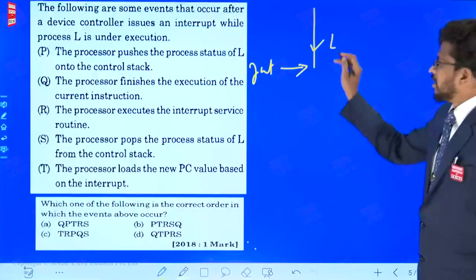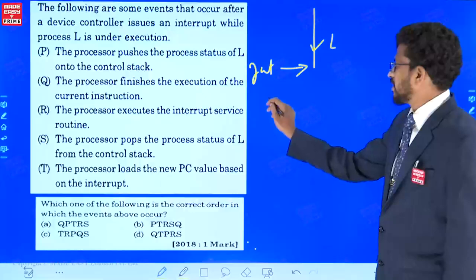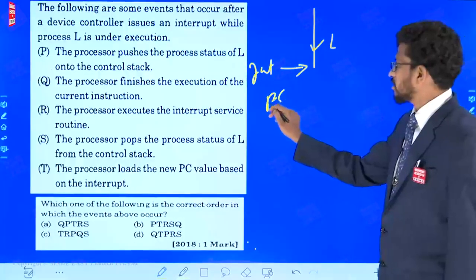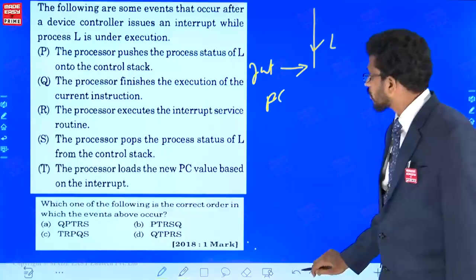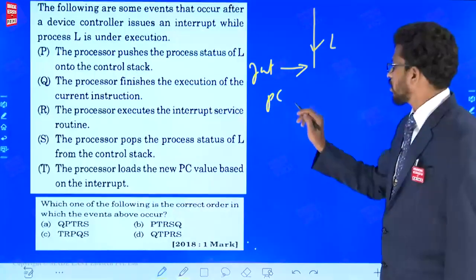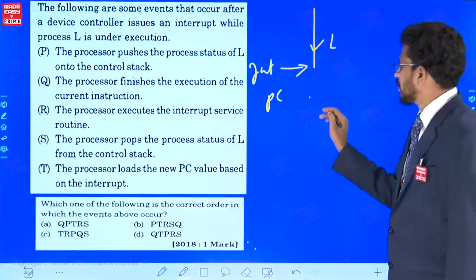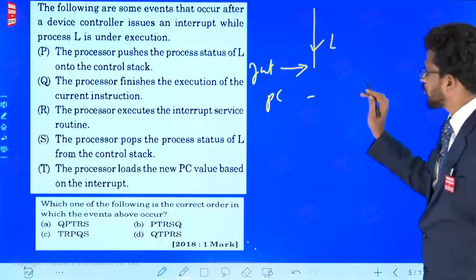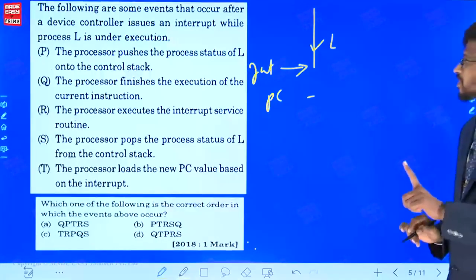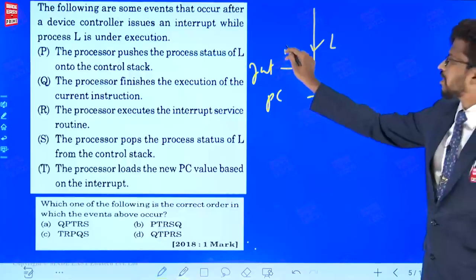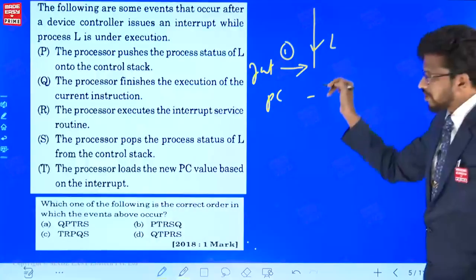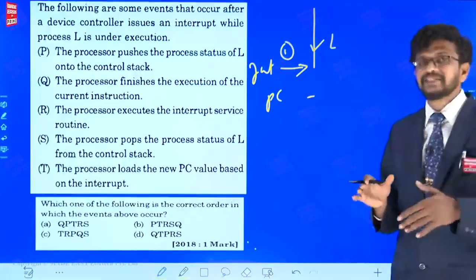The PC will be having the next address of instruction. So this next address should be first pushed onto the stack. That is number 1.